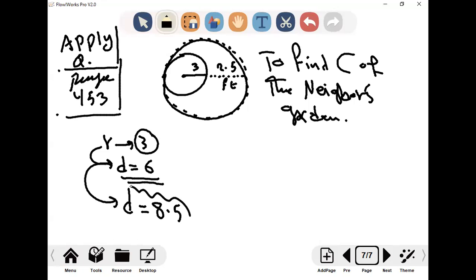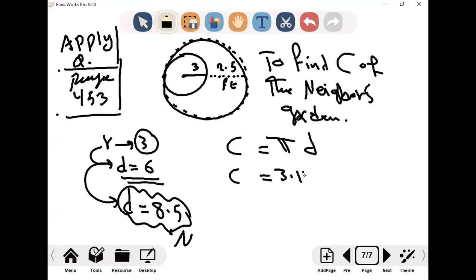Do you understand? If I know the diameter for the neighbor, I can know the circumference. Use the formula C equals pi multiplied by D. C equals pi, how much? 3.14.